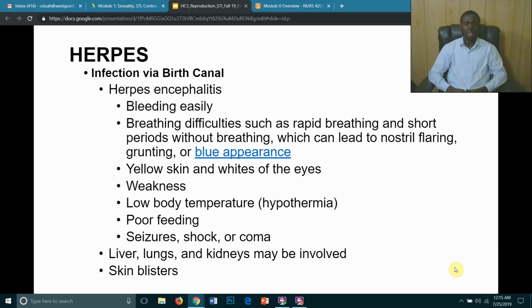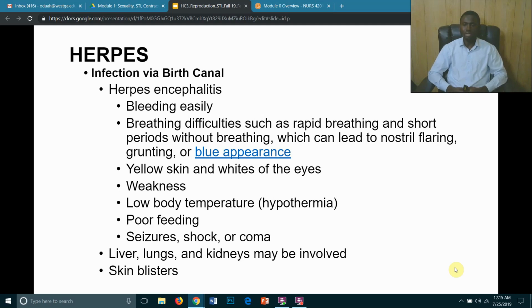Herpes infection can also be transferred from the mother to the fetus or the child during birth. And this is known as herpes encephalitis. This can cause easy bleeding, breathing difficulties such as rapid breathing and short periods without breathing.